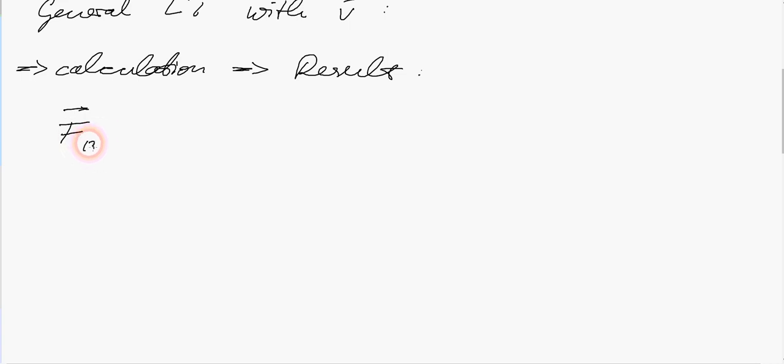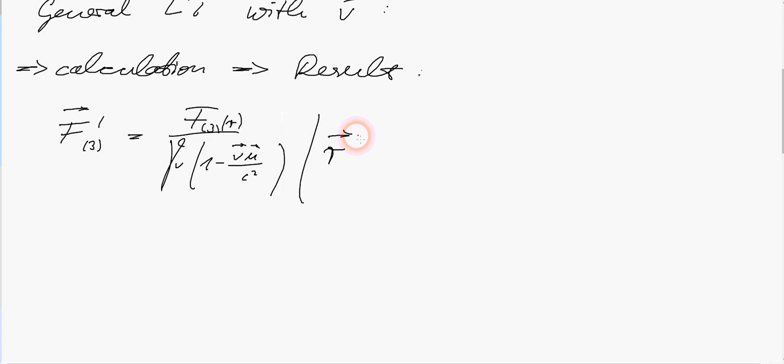So f primed 3 equals f3 of r divided by gamma v (1 minus v times u over c squared) times r prime plus a second term with gamma v, gamma u, c and d tau.